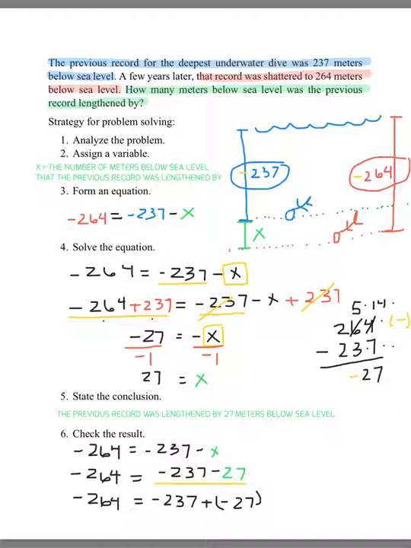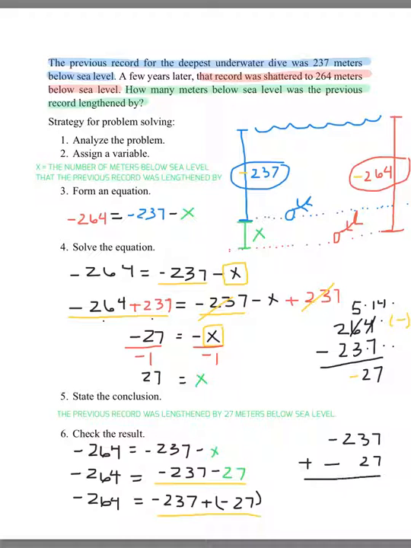So now what we have to do is combine the negative 237 plus the negative 27. Since it's written as addition and they're both the same sign, we can go ahead and combine them together. So we're going to have negative 237 plus a negative 27.